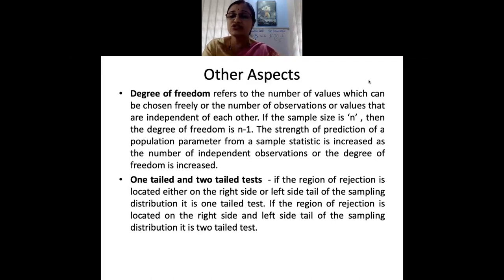Otherwise, please do not, at any cost, use that. Never use that and try to do an analysis using ANOVA or t-test. Never do that.